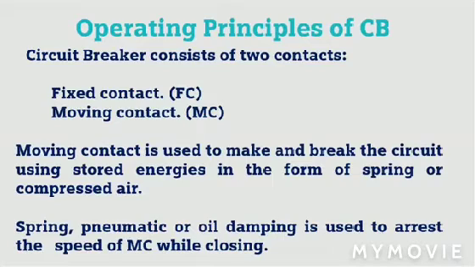What is the operating principle of this circuit breaker? This circuit breaker consists of two contacts, fixed contacts and moving contacts. The moving contact is used to make and break the circuit using stored energy in the form of spring or compressed air, and spring, pneumatic or oil damping is used to arrest the speed of the moving contact while closing.